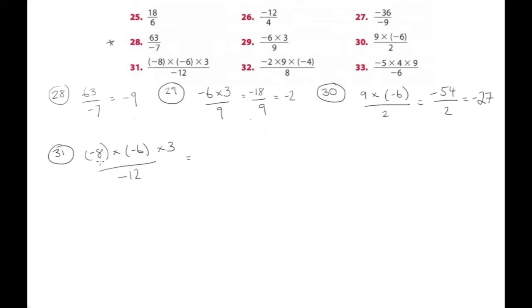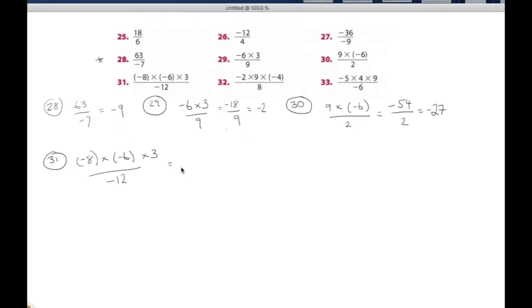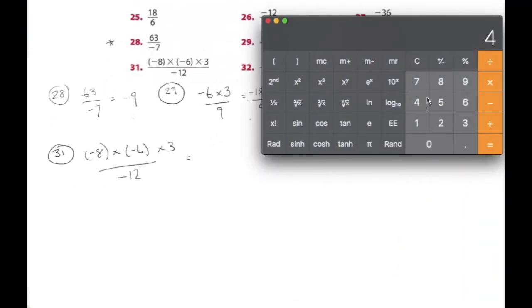For this one here, minus by minus is a plus, so minus 8 multiplied by minus 6 is plus 48, and then 48 multiplied by 3 is 144. Now, we are dividing that by a negative number, which means that we're going to get a negative answer.